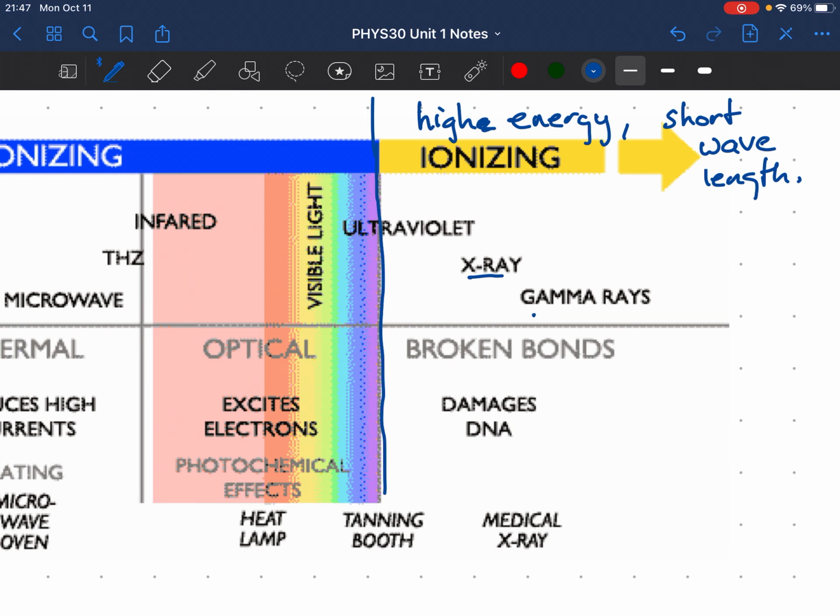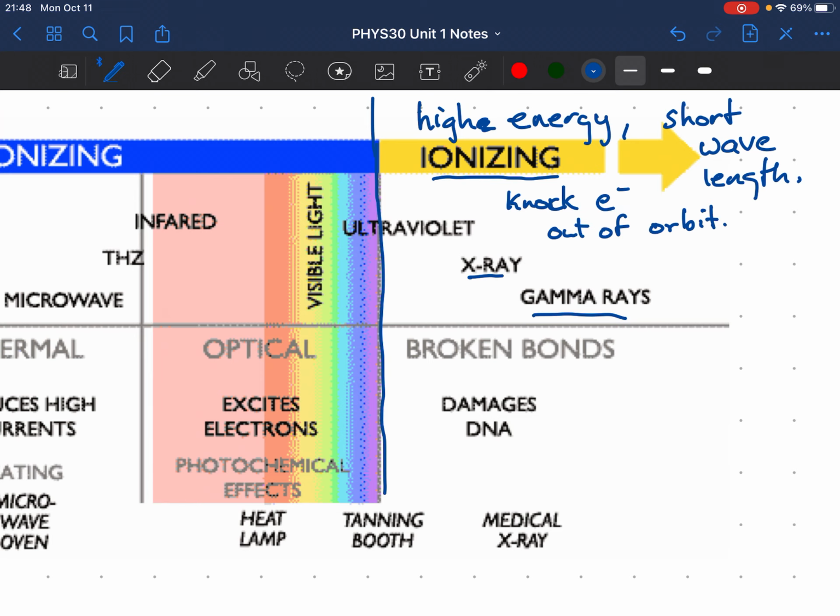Things like X-rays and gamma rays are ionizing. They will knock electrons out of orbit, which is to say they give the electron enough energy for it to leave.